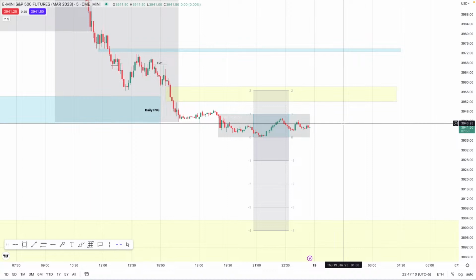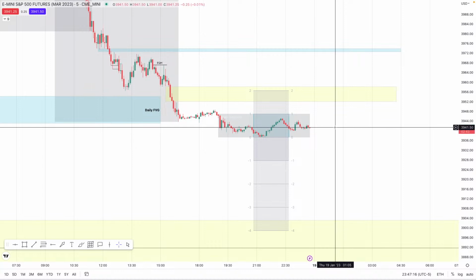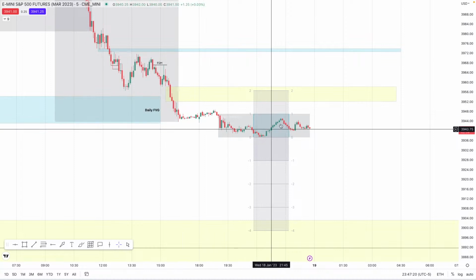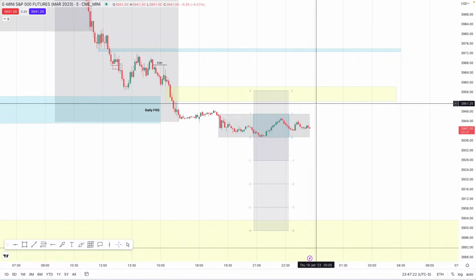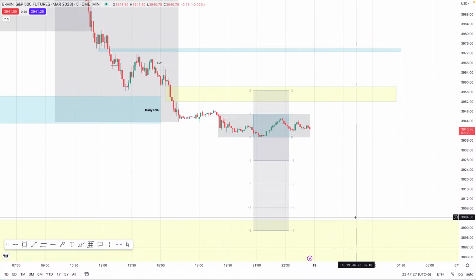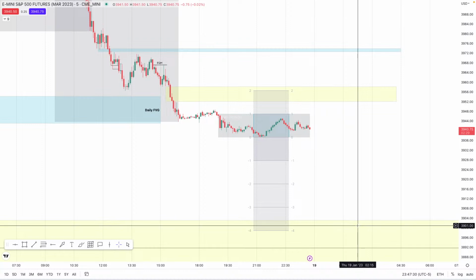If we're looking at our power of 3, what do I want to see? Well, if we're looking to make a move down, we have open, consolidates, manipulate up, and come back down. And who knows how far down we're going to go. We could get into here.